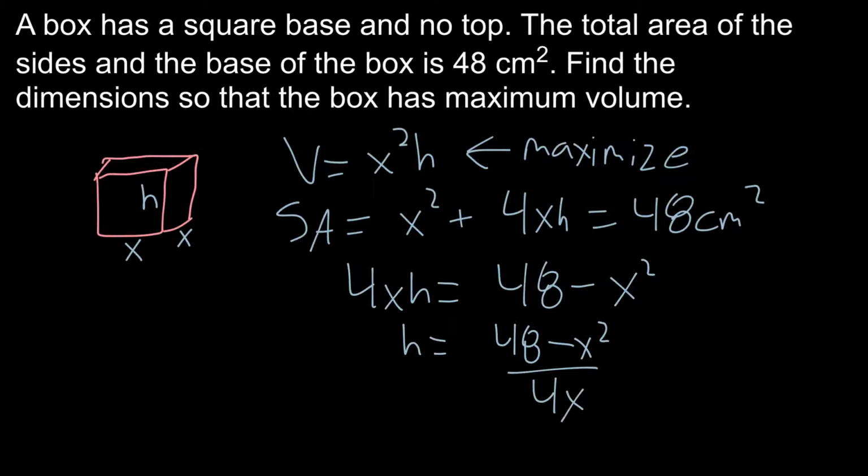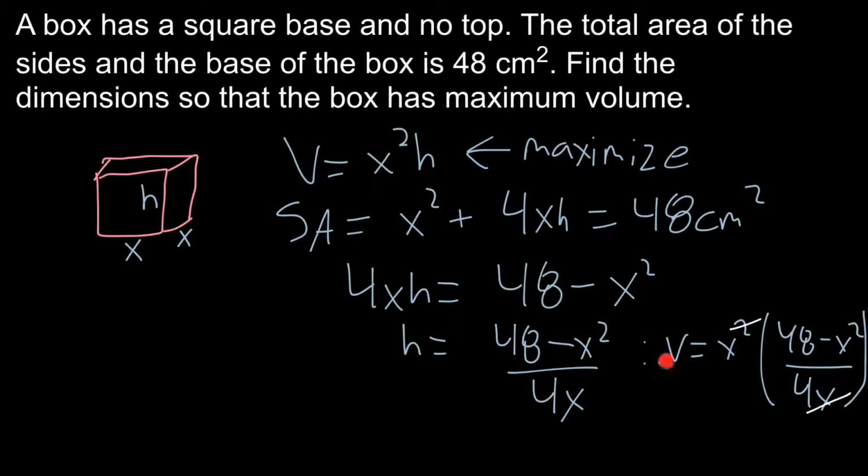Now we're going to substitute that in for volume, and so we'll get that volume equals x squared times 48 minus x squared all over 4x. And of course we can make the simplification here by canceling one of the x's.